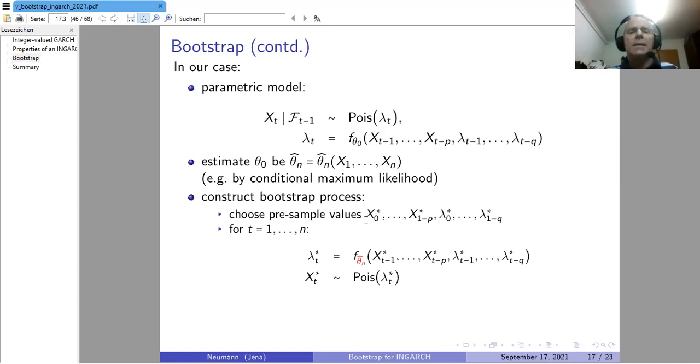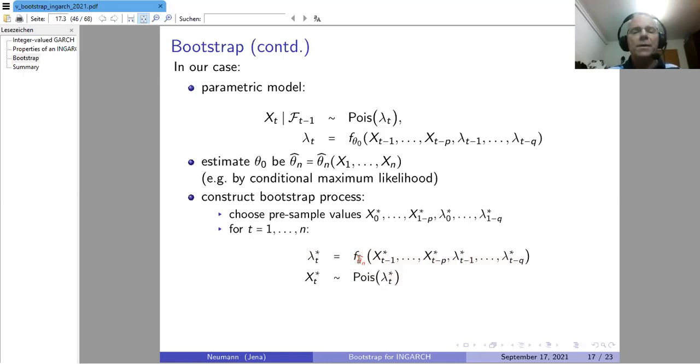Suppose that the bootstrap process up to time t-1 is already constructed. Then the bootstrap version of the intensity at time t is obtained just by using the model equation.